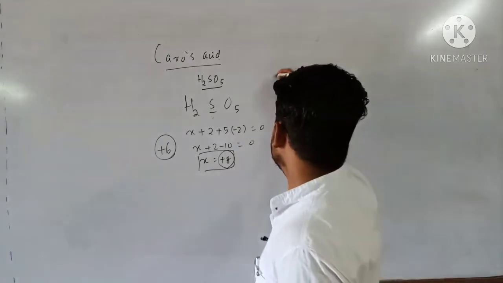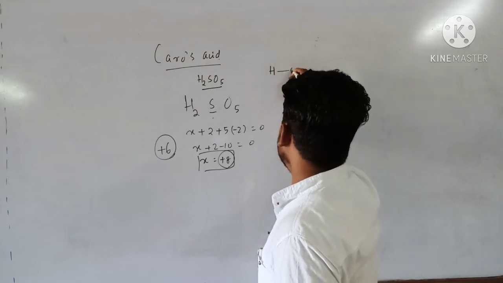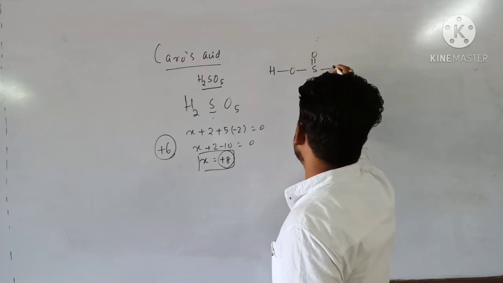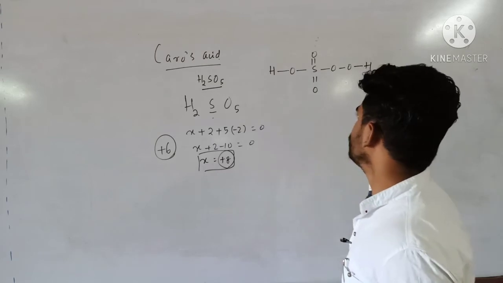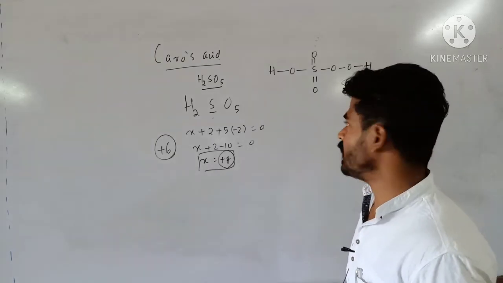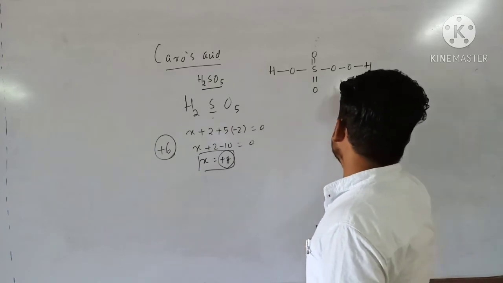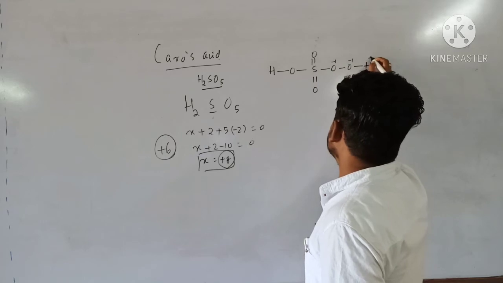So you know the structure of sulfuric acid. Just add one oxygen over here: O, S double bond O, double bond, OH. This is the structure of H2SO5. And here you simply calculate like this. This one is a peroxide linkage. No doubt this one is -1, this is +1.